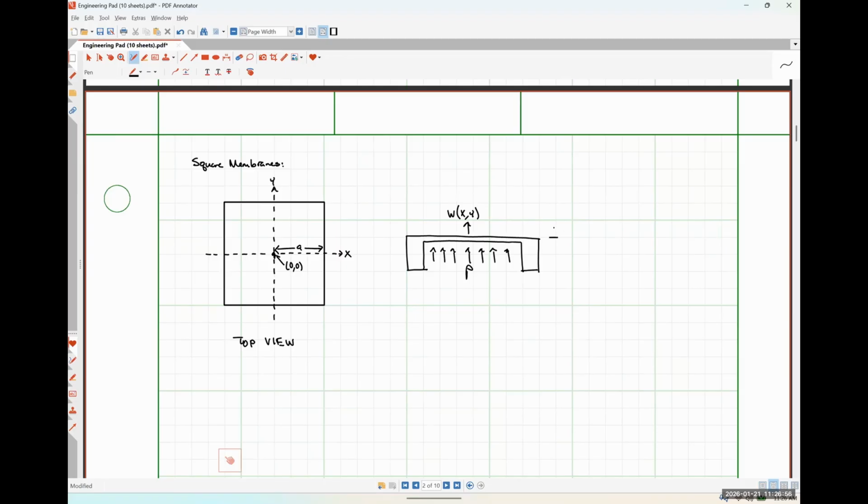And then once again, this is our height. So side view.